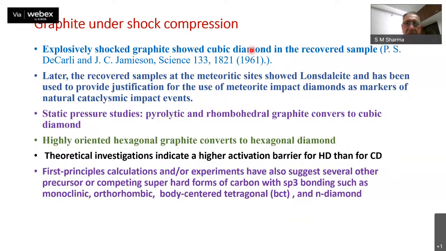Specifically, it has implications in terms of a meteor or an asteroid coming and making an impact with the planet. So if it has graphite in it, then the kind of diamond that you will see at those sites should have implications in terms of the stress level or the kind of impact level that the meteorite would have had with the planet.